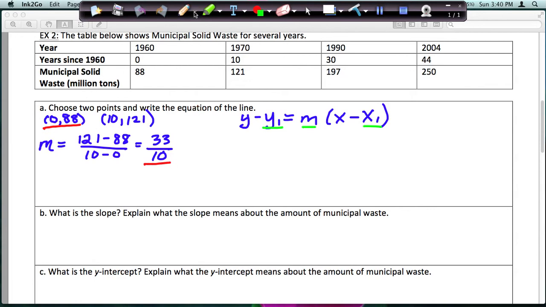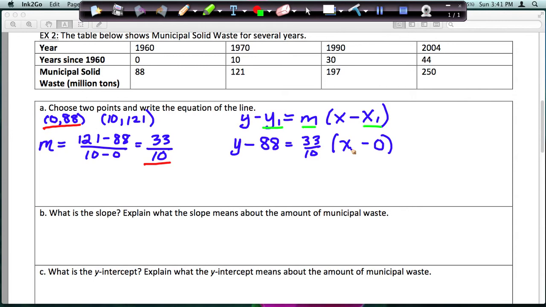So let me go ahead and plug these in, and I get y minus, and then look at my y1 value, or the y value of my point, and it's 88, equals, plug in your slope of 33 over 10 times x minus, and the x value of my point is 0. So that makes that math a little bit easier because x minus 0 is just x.